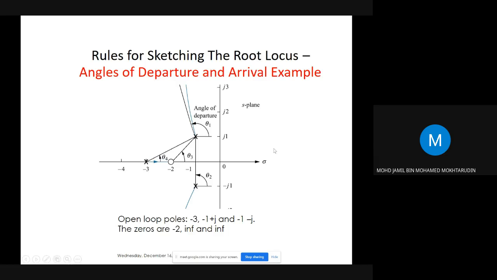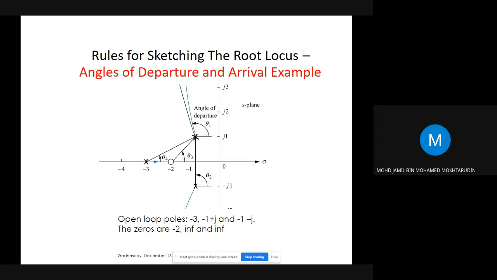Okay, so to find the angle of departure, so first step is plot the poles and 0 in the S-plane. Okay, so the angle of departure only exists on the complex pole. So this is the complex pole just now.